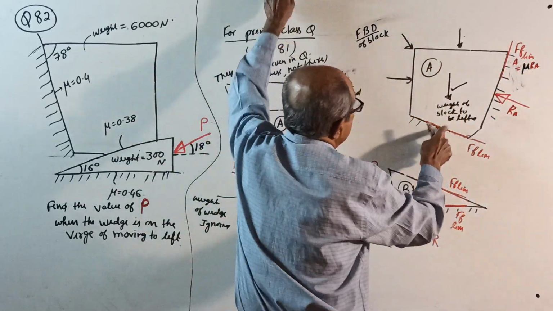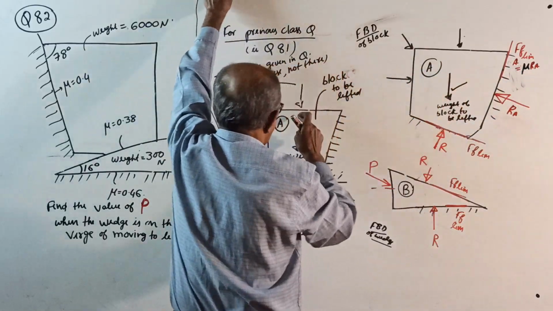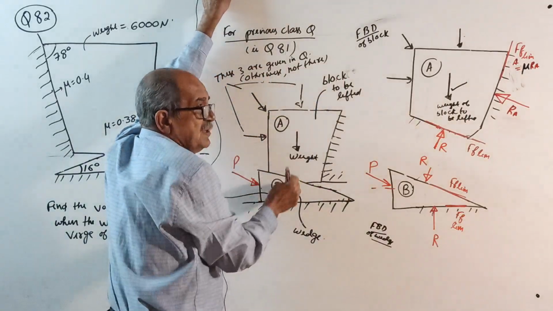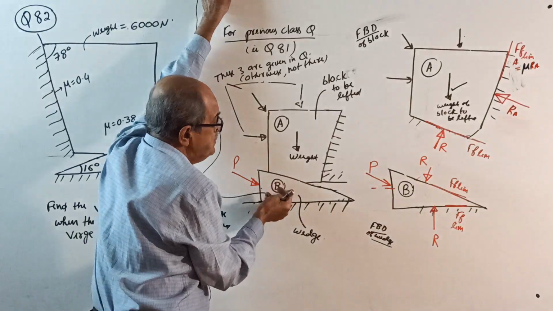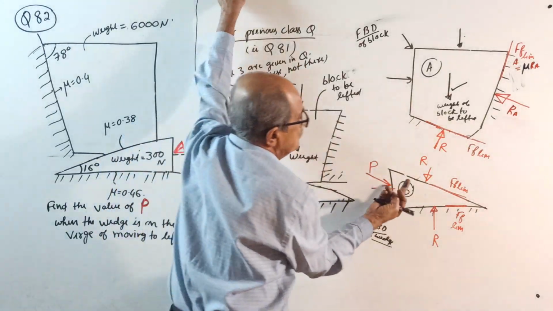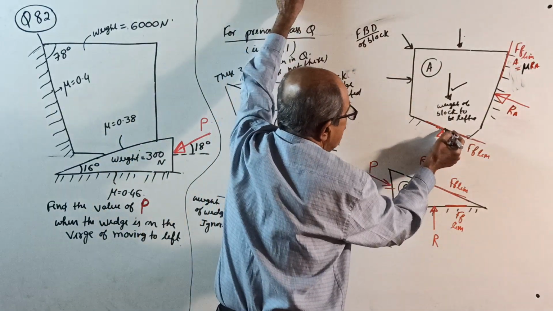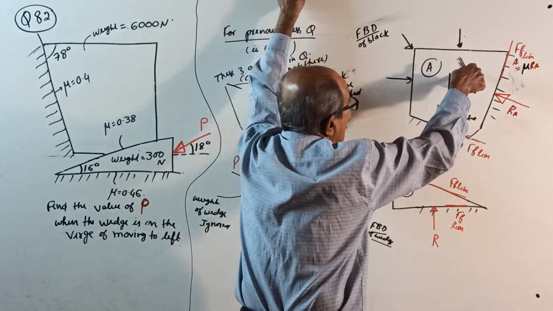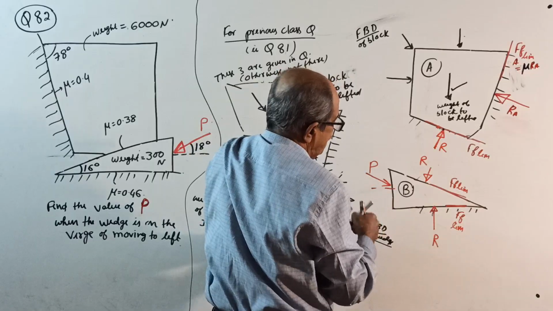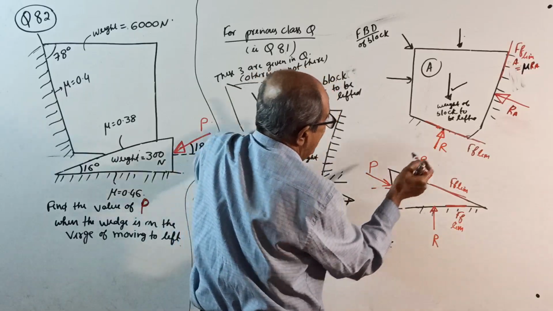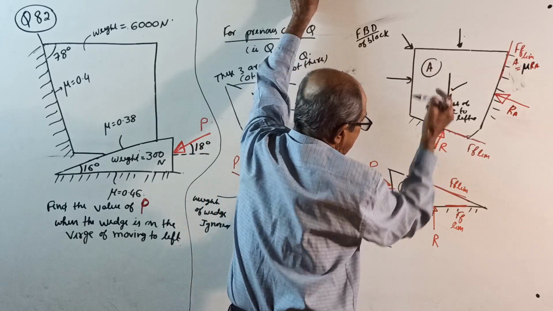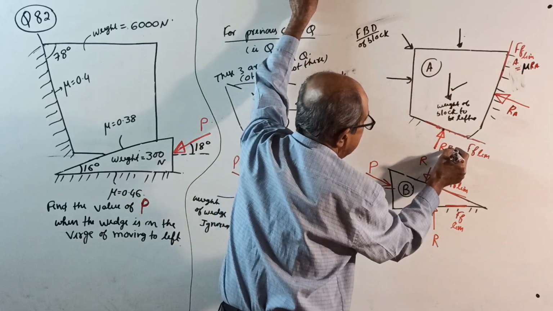And here, this upper block will press the wedge down. So from the wedge, a normal reaction will come. This is the normal reaction on the block from the wedge. So it is R for A from B, RAB.